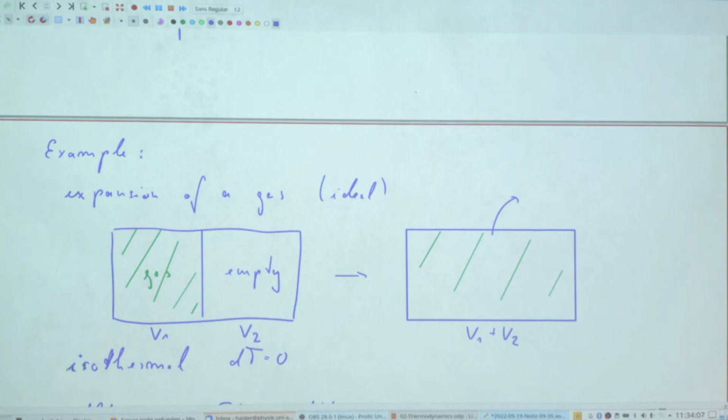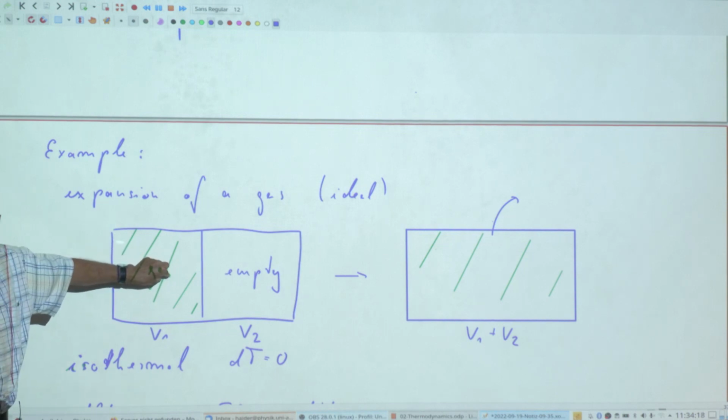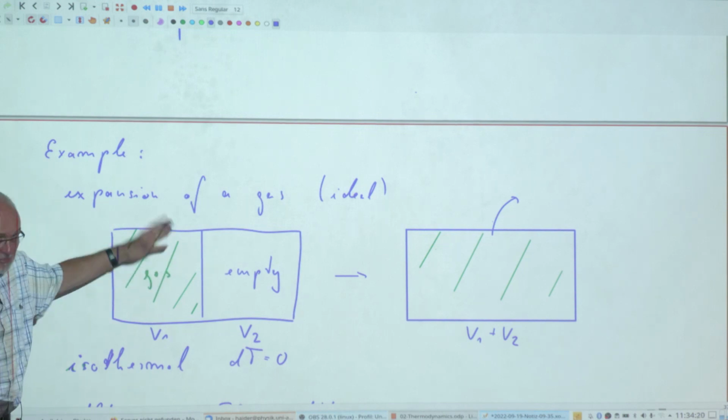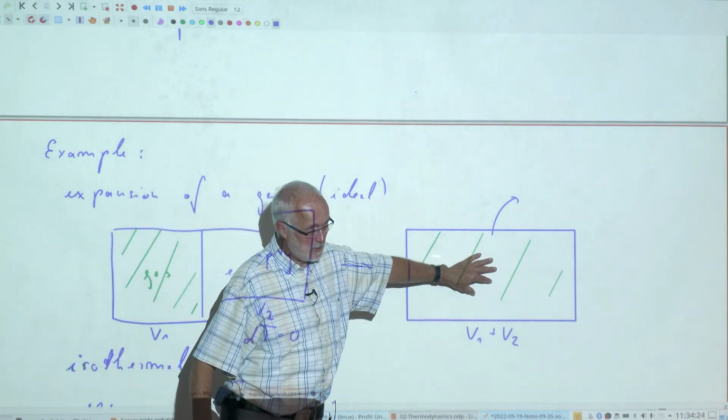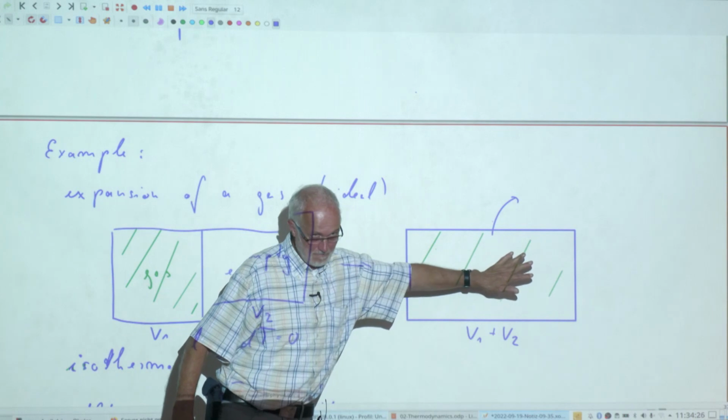Or we can say, if we pick out a particular molecule, one of the 10 to the 23 or so, if I pick it out here, I know it's sitting on this side. If I pick it out here, I know only that it's sitting somewhere here.